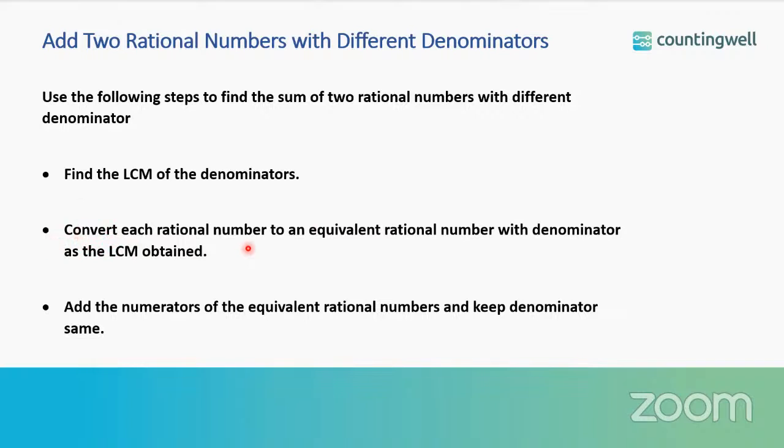The next step is to convert each rational number to an equivalent rational number with the LCM obtained as the denominator. Both of these equivalent rational numbers will have the same denominator. So keeping the denominator the same, we'll add the numerators to find the resulting answer.